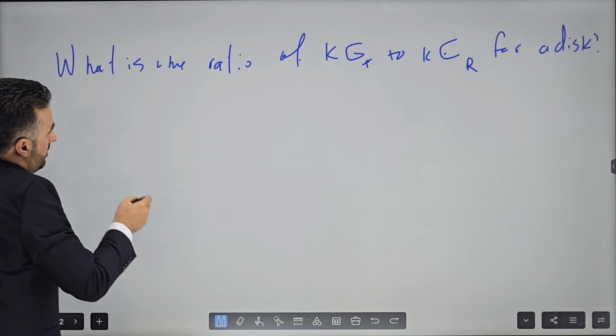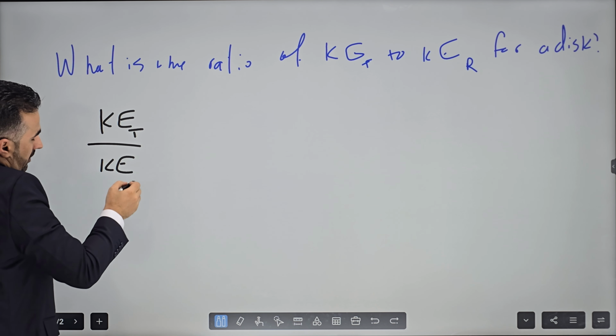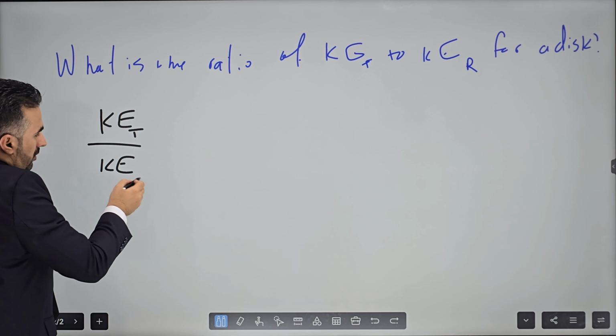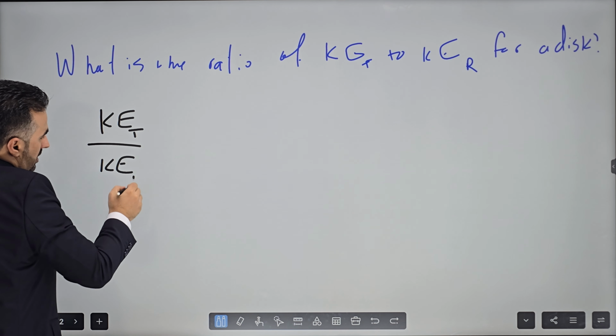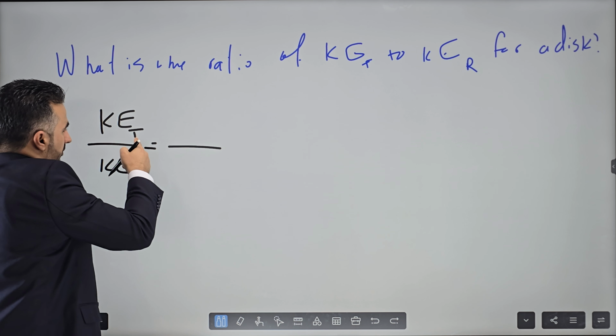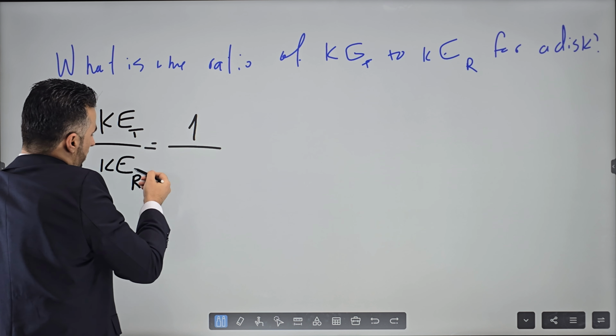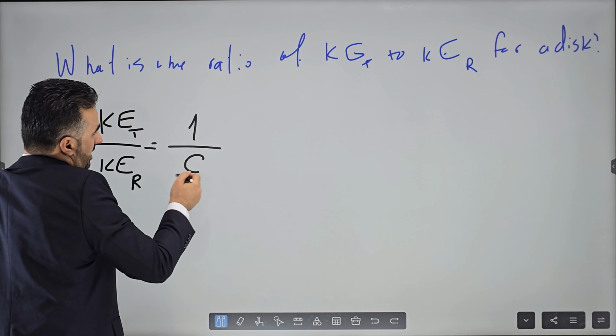First, write the equation. It says kinetic energy of rotation, as a matter of fact, it says translation, my bad, to kinetic energy of rotation. So it doesn't have to be the total always. Kinetic energy of translation to the rotation, yes? We said for kinetic energy of translation, just write 1. For rotation, just write C. So now, 1 over, what is C for a disk? It is 1 over 2, yes? So this 2 is going to go up, or you can take the reciprocal, so it is going to be 2 over 1.